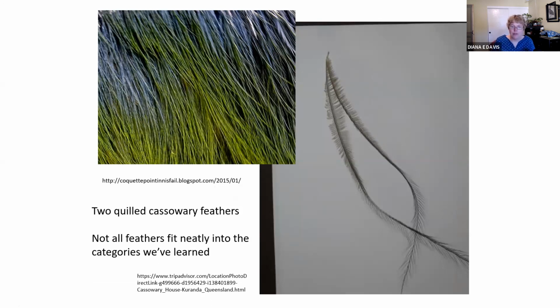Not all feathers fit neatly into these categories that we've talked about. So this is kind of what you'll often see on a ratite, on an emu or a cassowary. It looks almost fur-like on the bird. So it's pretty different from what you see on most birds.